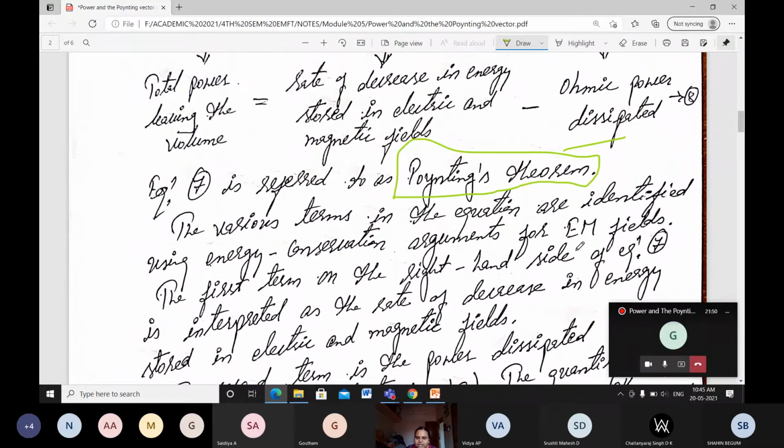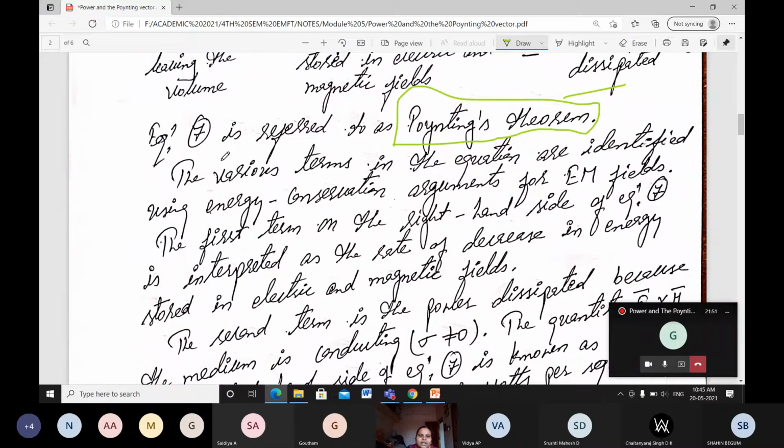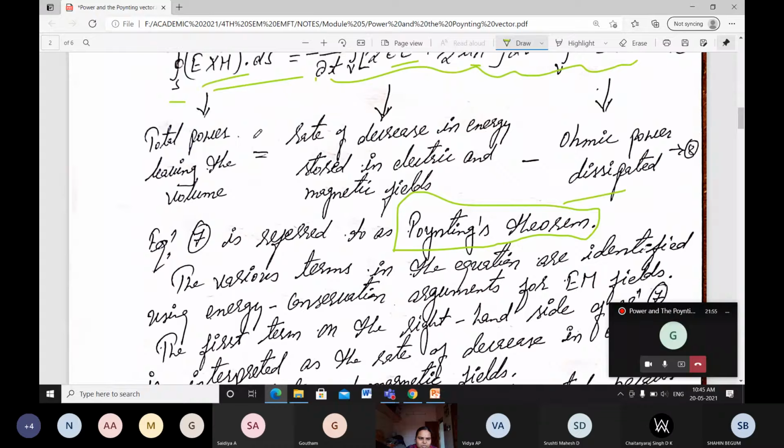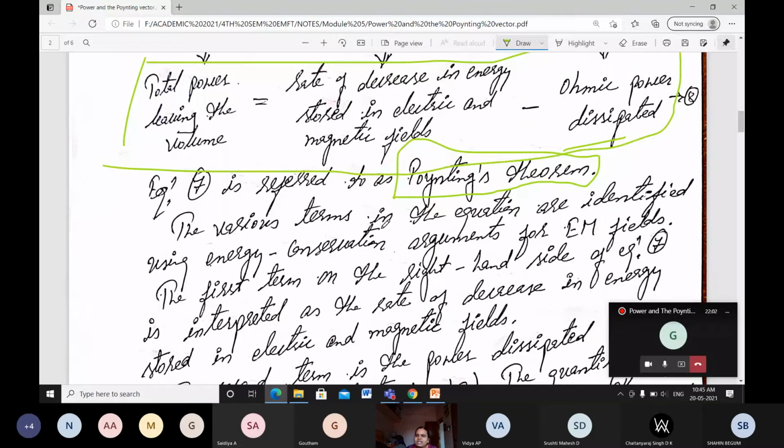What is the meaning of this? We'll consider it next. The various terms in the equation are identified using energy conservation arguments of the EM field.